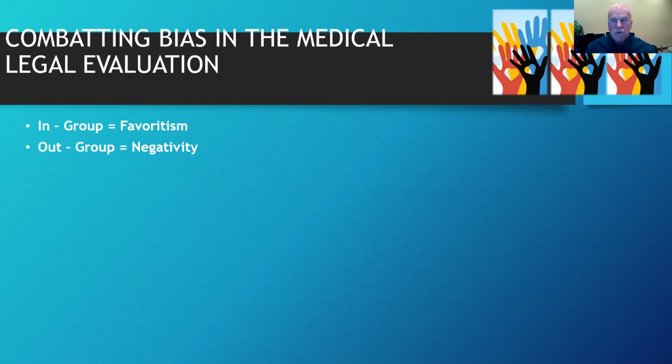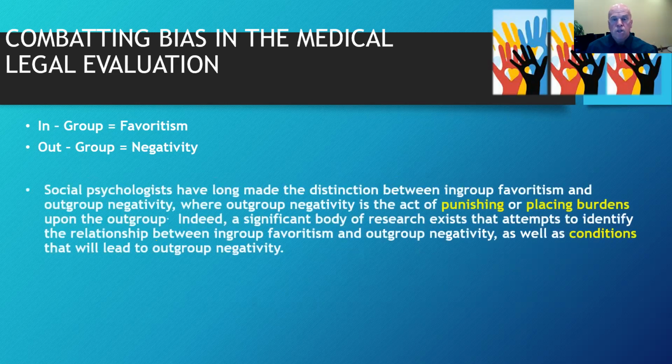We tend to consider them to be similar to ourselves, and unconsciously through bias, we tend to provide favoritism in our opinions and conclusions towards those people. On the other hand, people who fall in our social out-group, we tend to burden or punish in the form of negativity. Social psychologists have long made the distinction between in-group favoritism and out-group negativity, where out-group negativity is the act of punishing or placing burdens on the out-group.